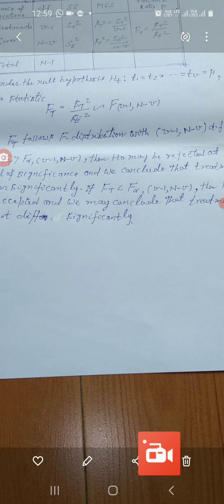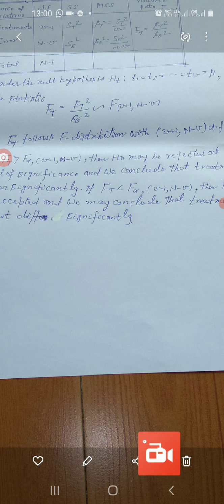And if FT is less than F alpha, V minus 1, N minus V, then H naught may be accepted, and we may conclude that treatments do not differ significantly. Okay, this is about CRD.